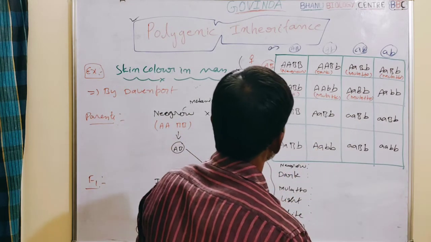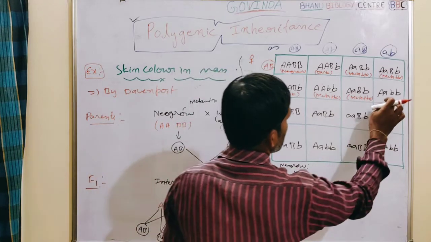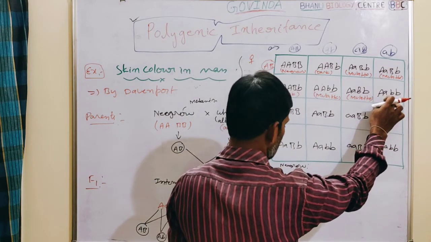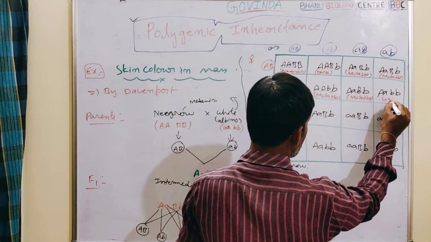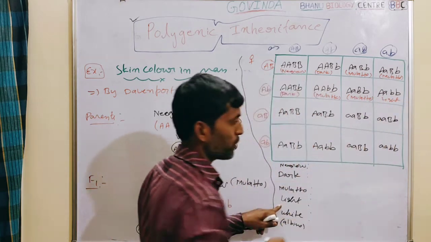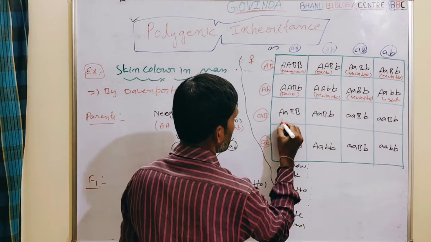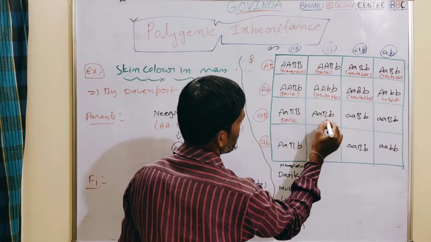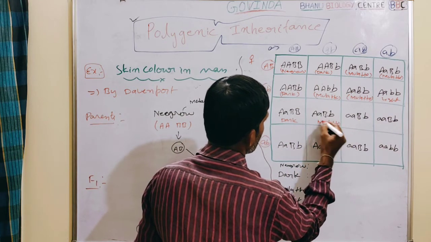Capital AA, BB, mulatto, right? So 3 recessive alleles are present, so it becomes light color. When 3 recessive alleles and 1 dominant are present, the color will be light. Then here 3 dominant alleles, again dark. Here 2 dominant and 2 recessive, mulatto color, intermediate color.